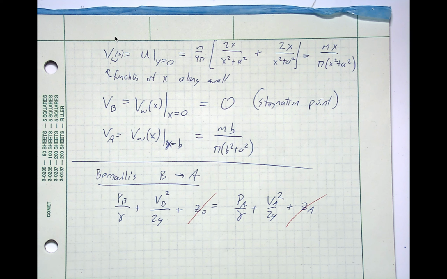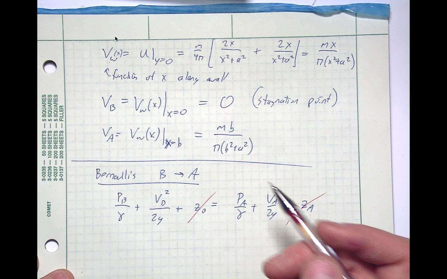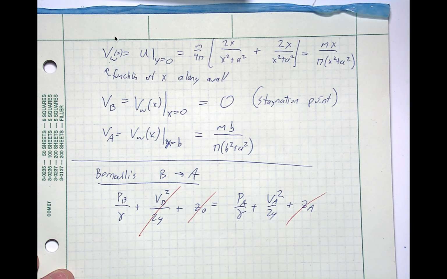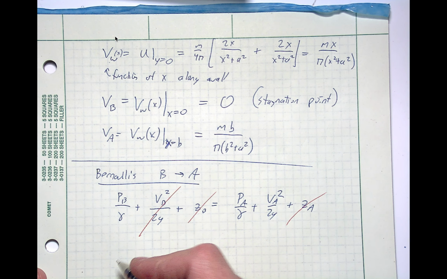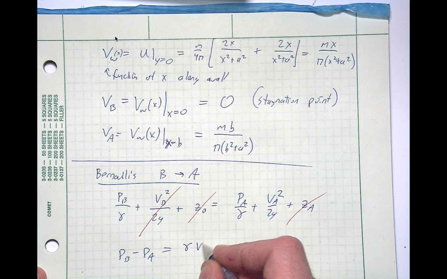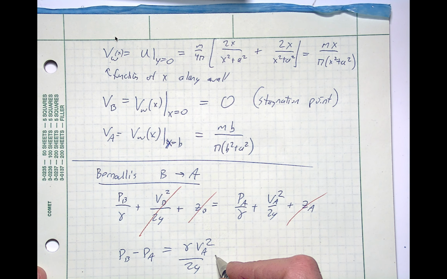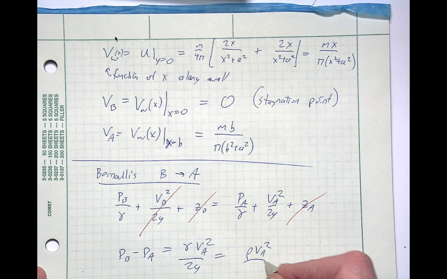Typically, we don't in potential flow, but for elevation changes, even if this was the direction of gravity, they're equal to each other, so we can definitely say that. And we already found that v at B is just 0. So therefore, our PB minus PA is just going to be gamma VA squared over 2g. Well, gamma is just rho g, so this is just going to be rho VA squared over 2.